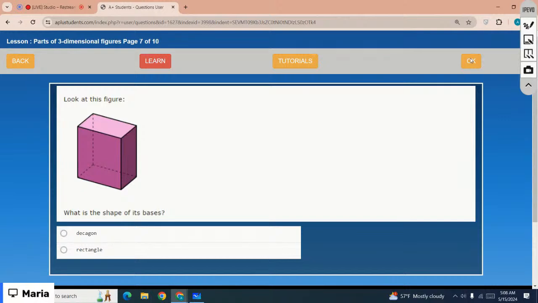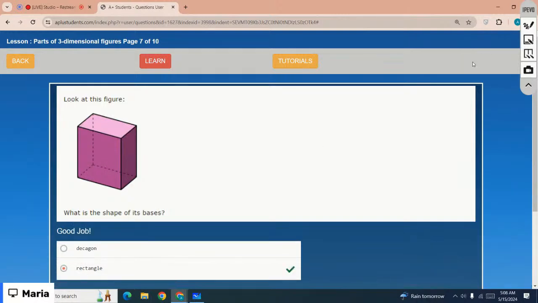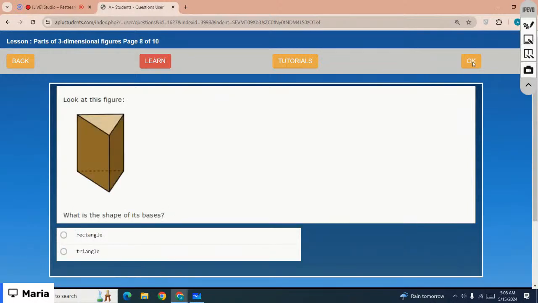Look at this figure. What is the shape of its bases? Rectangle it is. The correct option is rectangle. Look at this figure.